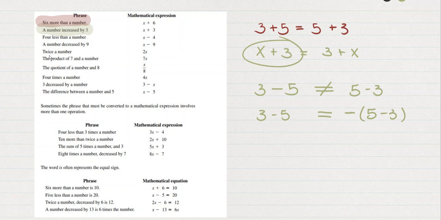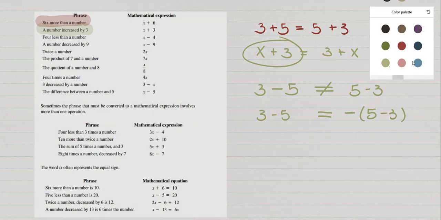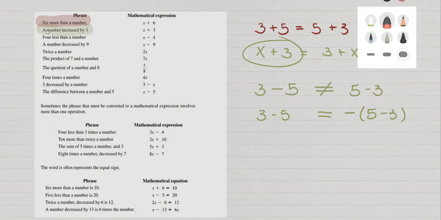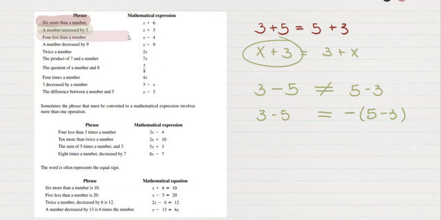But because subtraction is not commutative, it's very important that for these examples that are subtraction, the x minus 4, x minus 9, we're especially careful to put them in the right order.